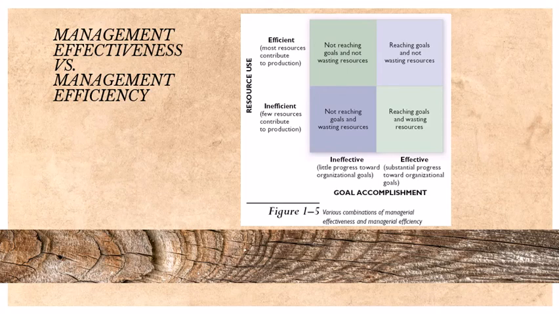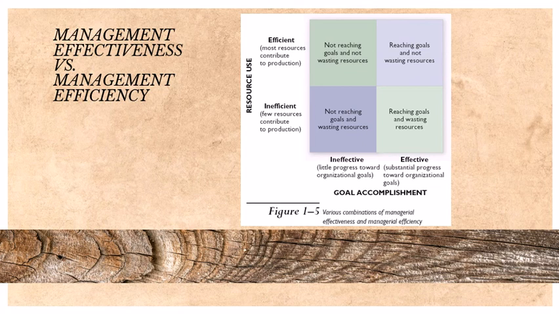For you to understand the effectiveness versus the management efficiency, we have the table, no? Figure 1.5, the various combinations of managerial effectiveness and managerial efficiency, with the use of the different resources and goal accomplishment. So, tinitignan natin yung different aspect. If you will notice how to be efficient and inefficient in terms of the resources, and how to be ineffective and effective in terms of the goal accomplishment.